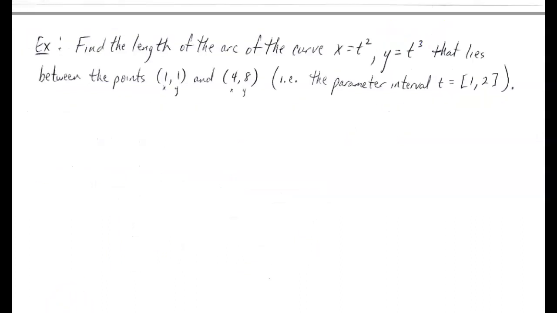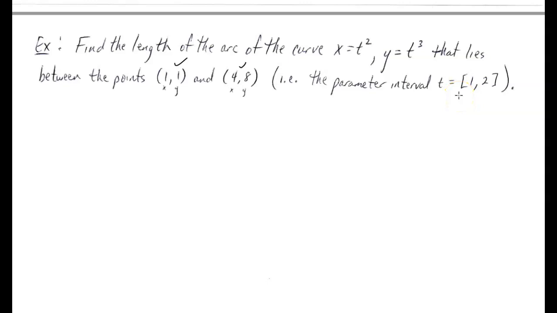All right, so we want to find the length of the arc of the curve x equals t squared, y equals t cubed, that lies between the points (1, 1) and (4, 8). Parametrically, that would be on the closed interval of t from 1 to 2.